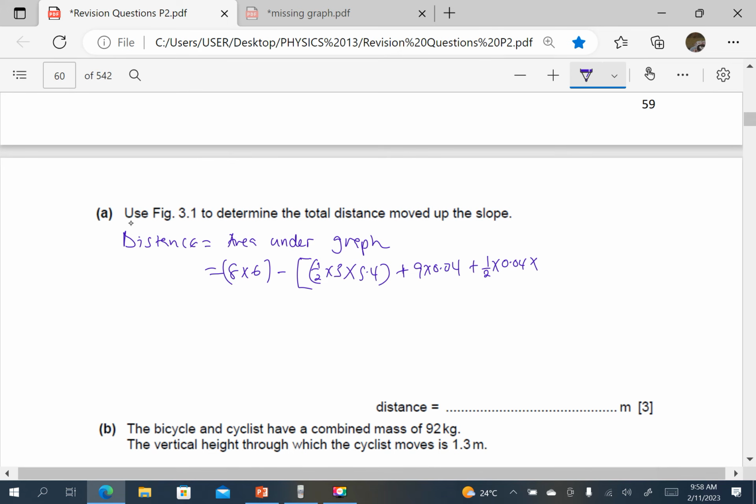So the area of the half squares will be half of the area of the full square, times 19. This is the area which is above.